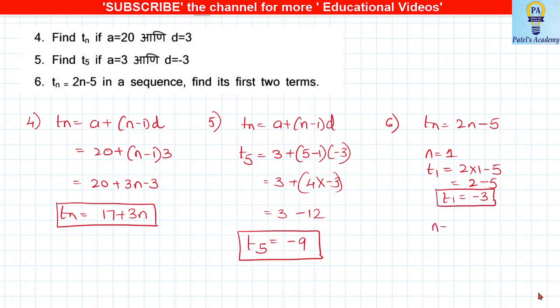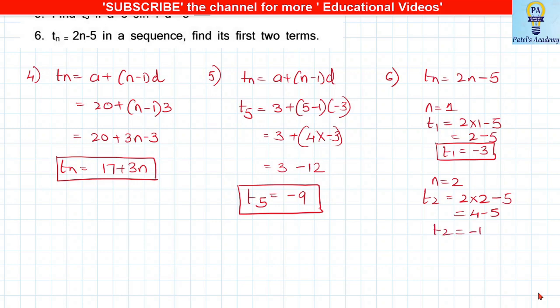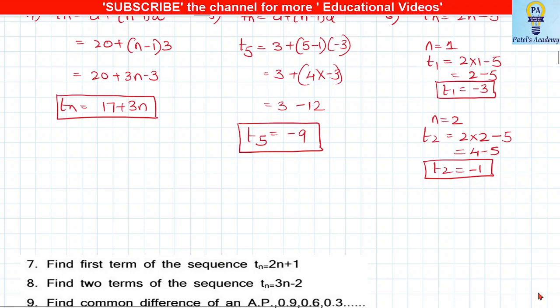And to find out the second term, I'm going to substitute n equal to 2. So T2 equals, instead of n, 2. 2 twos are 4, minus 5, that is minus 1, that is the second term. Okay, so with this we finish the sixth sum also.